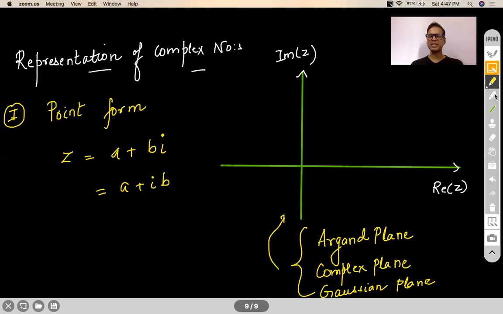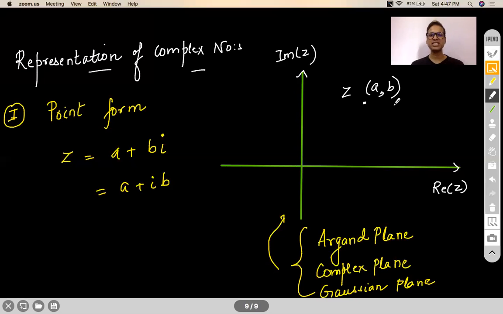In this plane, we normally represent any complex number just like a point. So this z could be represented just like a point (a, b). Don't call a the x coordinate and b the y coordinate of the point. I know it is very similar to coordinate geometry, and hence coordinate geometry fundamentals can be used on complex numbers.